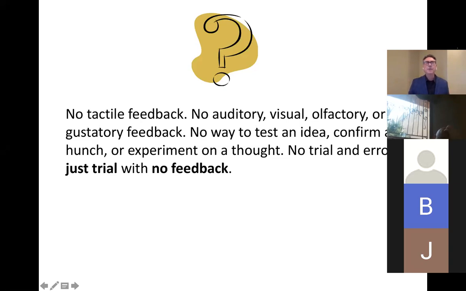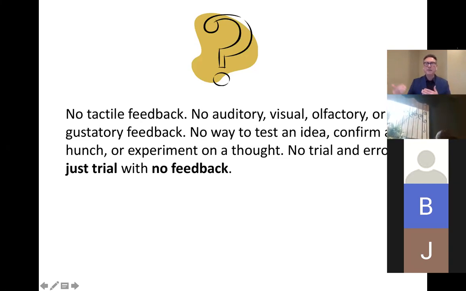In other words, imagine yourself to have no way to test an idea, to confirm a hunch, or to experiment on some thought that you're playing with. Without any sensory feedback, we have no opportunity for trial and error. We just try things.